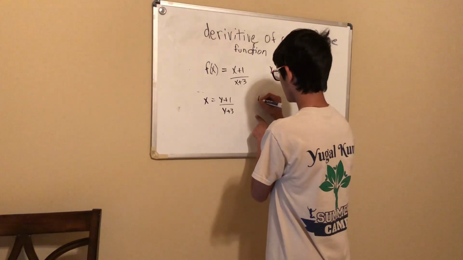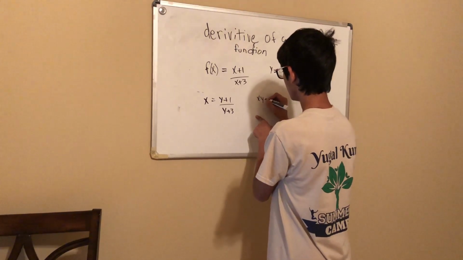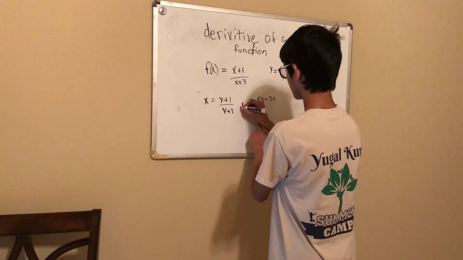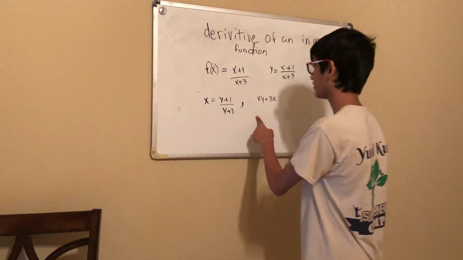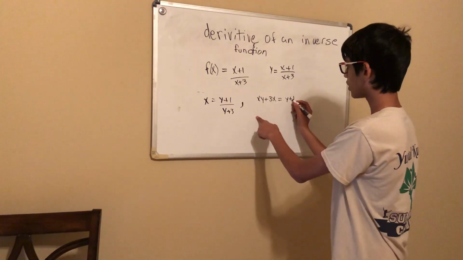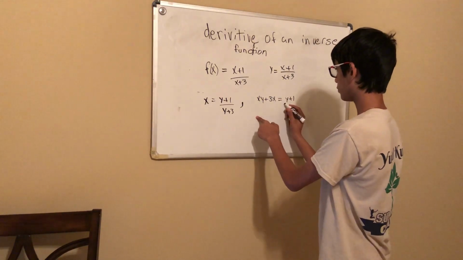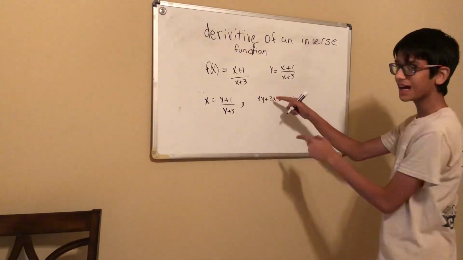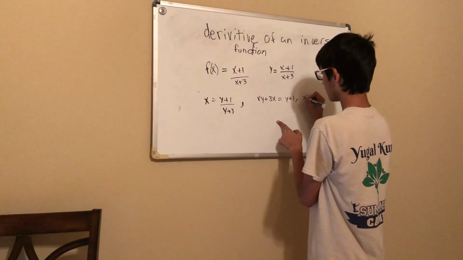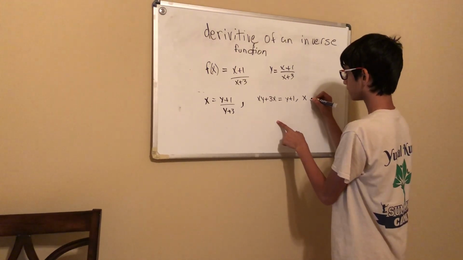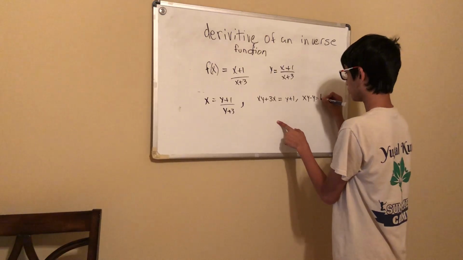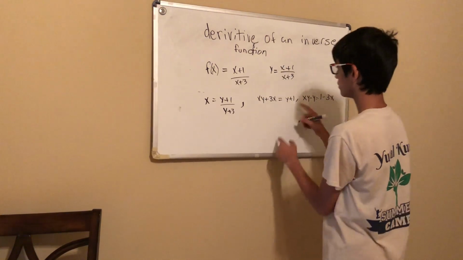So then you would get xy plus 3x, that's a comma, in case you couldn't tell, equals y plus 1. So there's a 1 on this side, and there's a 3x and a y, right? So we should move the y onto that side, and then the 3x onto this side. So now you get xy minus y equals 1 minus 3x.